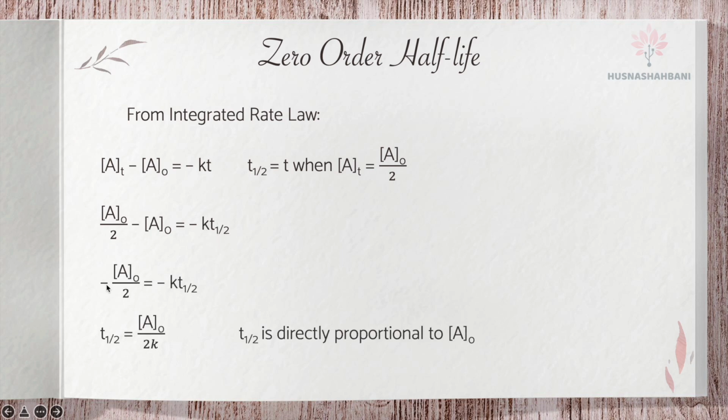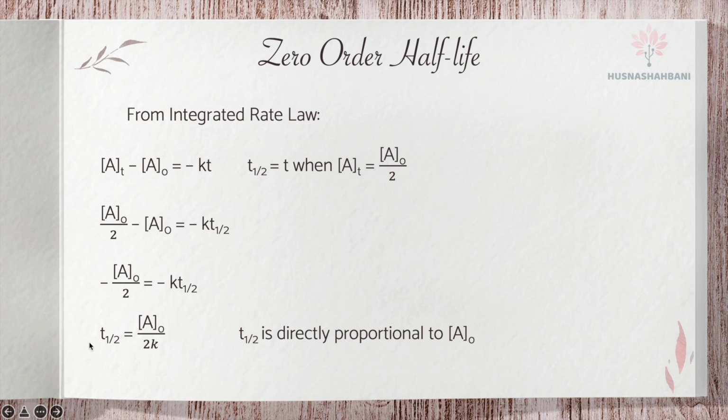Then rearrange the equation. Negative [A]0 over 2 equals negative k t half, and then the half-life equals [A]0 over 2k. This is the zero-order half-life equation. This is how we get the zero-order half-life equation from the integrated rate law: substitute [A]t equal to [A]0 over 2, and rearrange the equation.